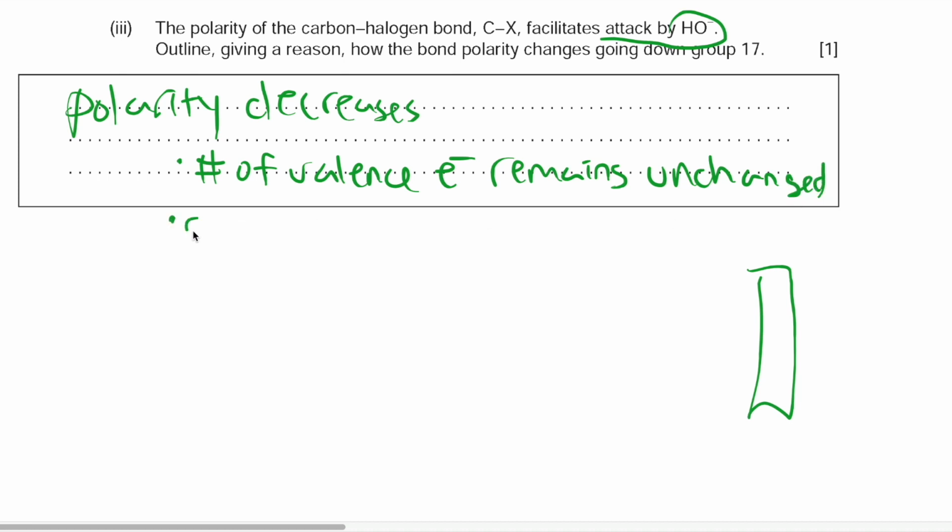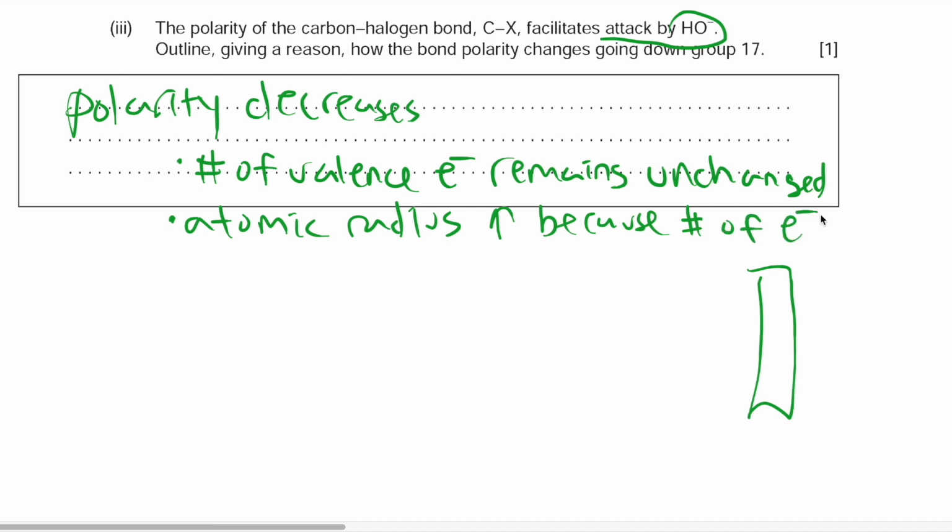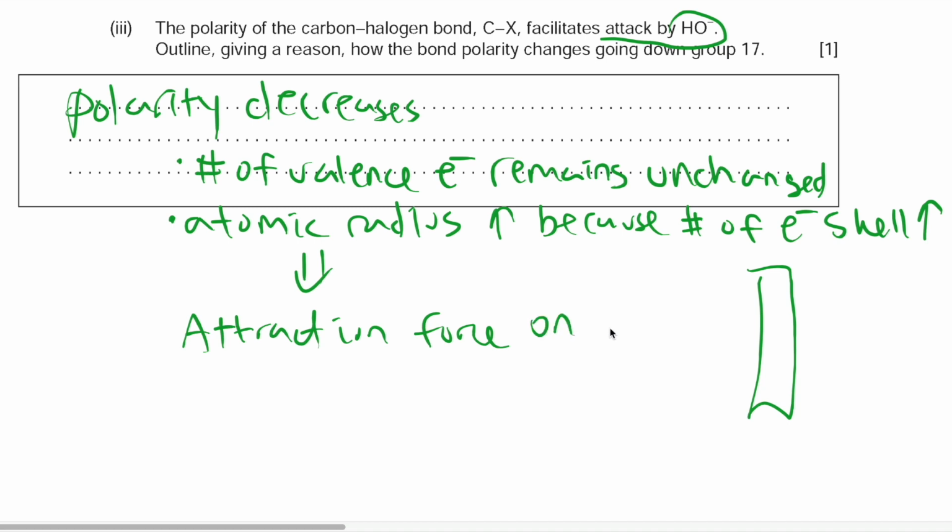However, atomic radius increases because the number of electron shells increases, and this causes the attraction force on valence electrons to decrease.